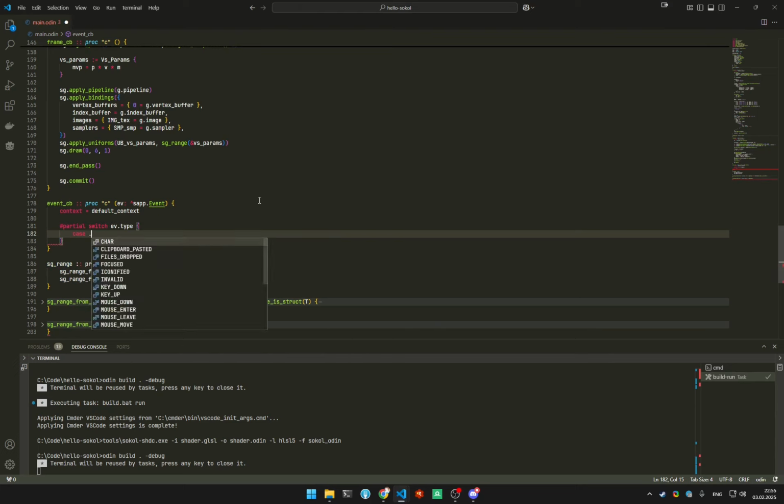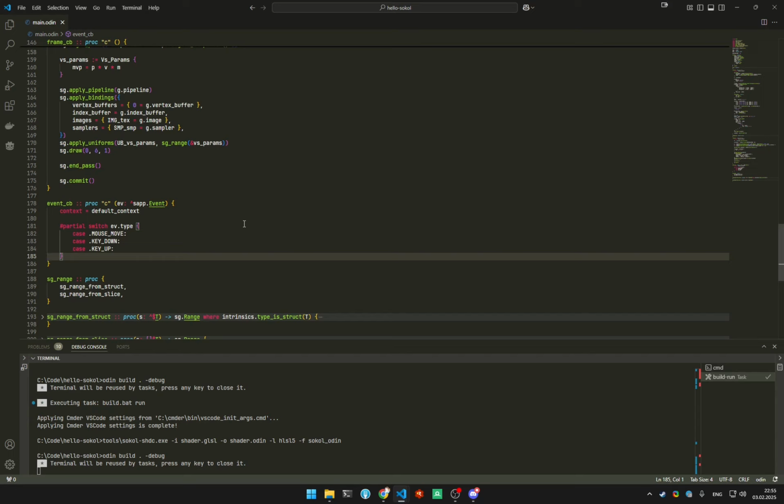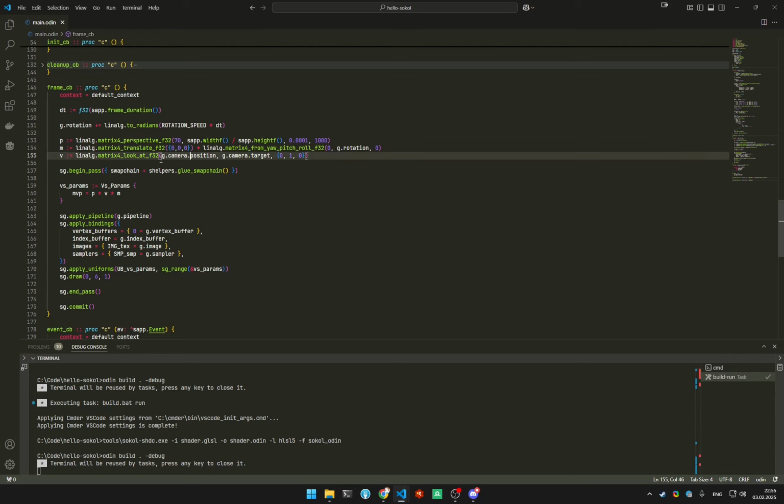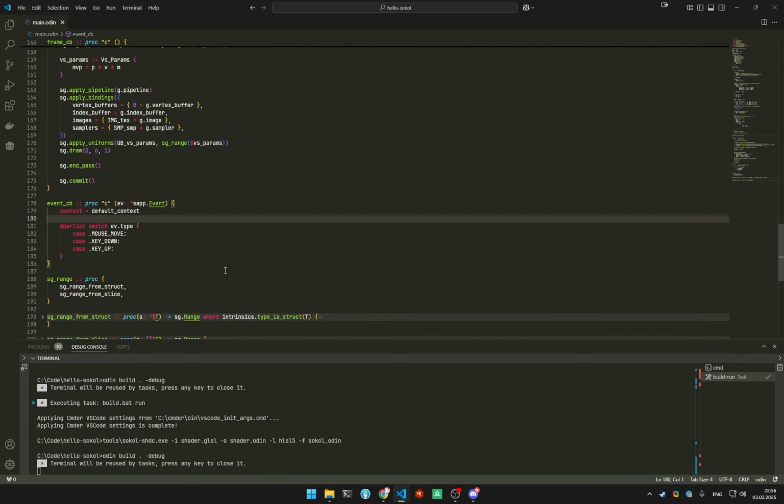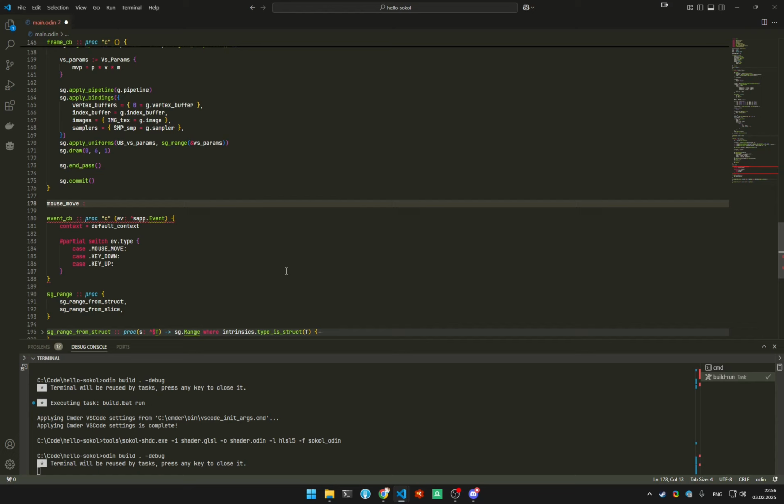So for the mouse move, what we want to do is accumulate whatever movement happens between frames and store it, so we can actually use it in the frame to calculate, or rather to update our camera. So let's just have a global variable, mouse move, like this, of vector 2 actually, because of course it's two-dimensional.